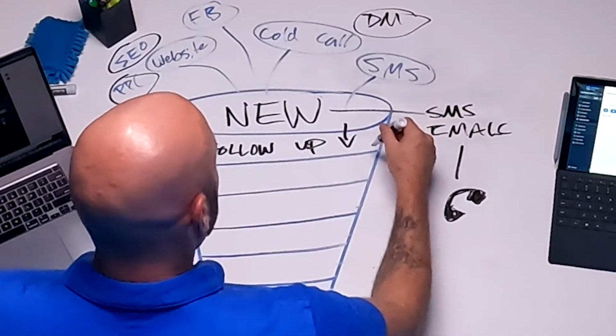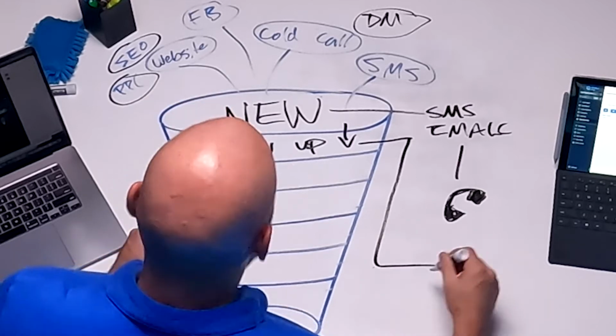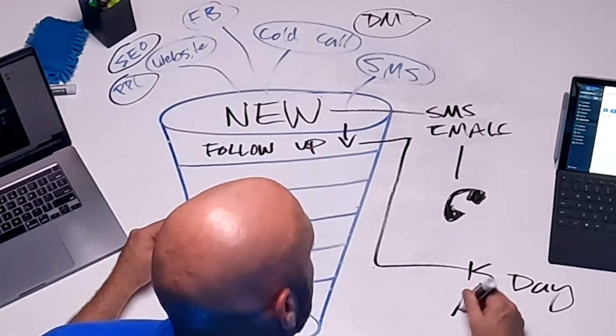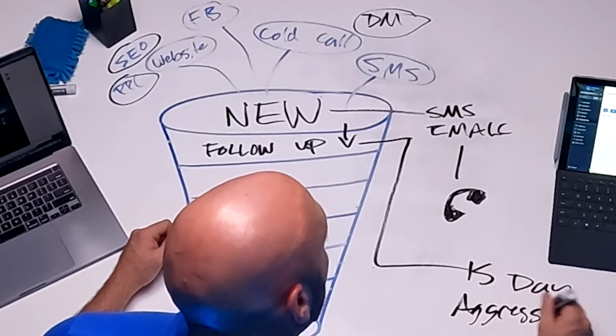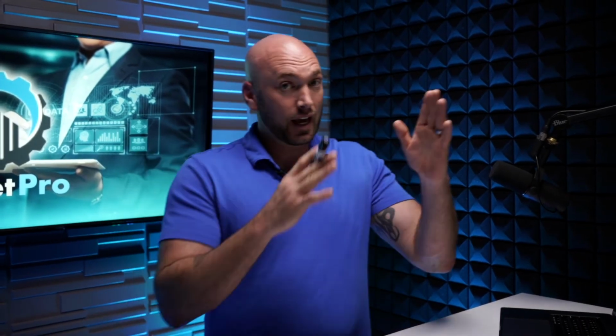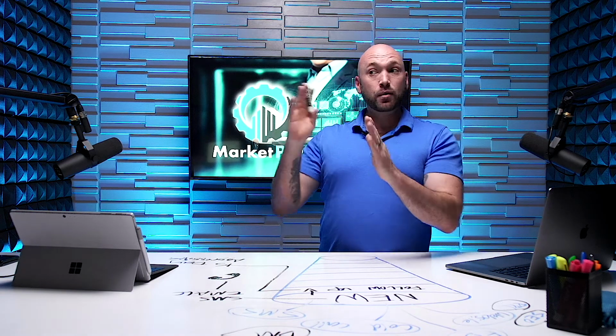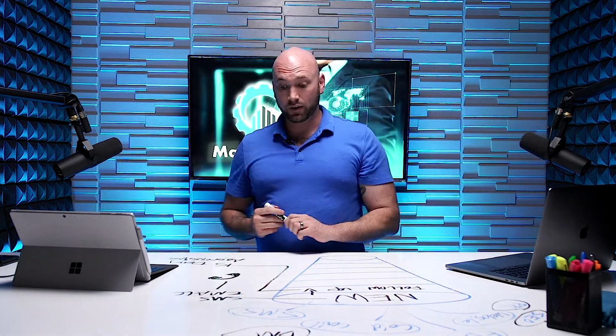Now, the follow-up sequence is built with a 15-day aggressive drip campaign. Now, when we say aggressive, in the first couple days they're getting hit 2 or 3 times a day. Ringless voicemail, text message, email, hitting every point of contact to get the seller back on the phone.